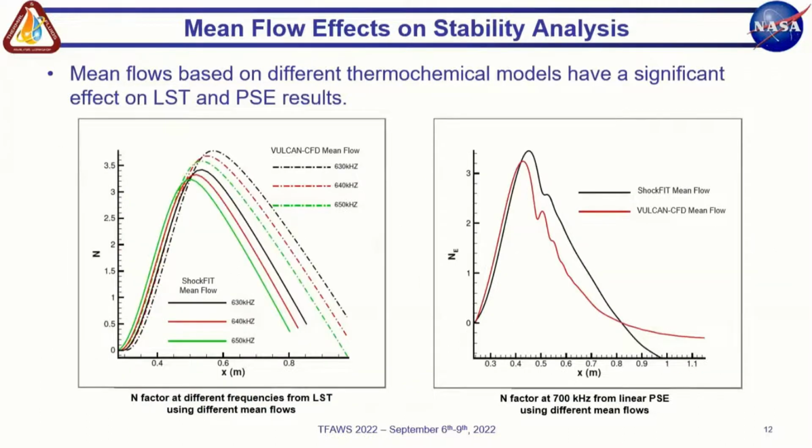So this is the effect on the mean flow. And these two figures show how we use two different mean flows to do the stability analysis. The left-hand figure shows the result from the linear stability theory. Here you can see the solid lines are coming from the shock fitting mean flow, and the other three lines are coming from the VULCAN mean flow.